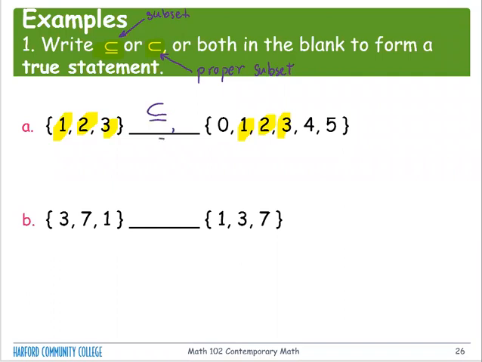And also the left-hand side is a proper subset of the right-hand side, because every element, every member of the left set is also an element of the right set, and at the same time, the left set is smaller than the right set. So both subset and proper subset.